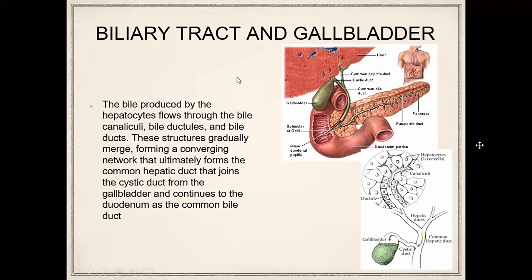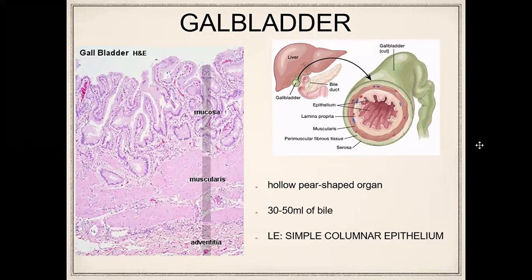Now, the gallbladder. You have here your mucosa, and then the muscularis, and then adventitia. The gallbladder is described as a hollow, pear-shaped organ holding 30 to 50 ml of bile, and the lining epithelium is simple columnar epithelium.